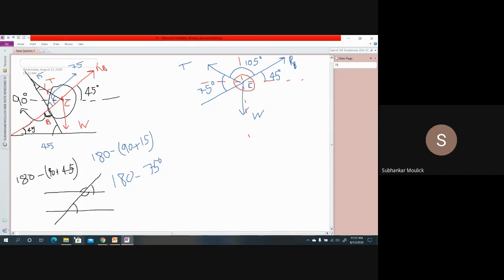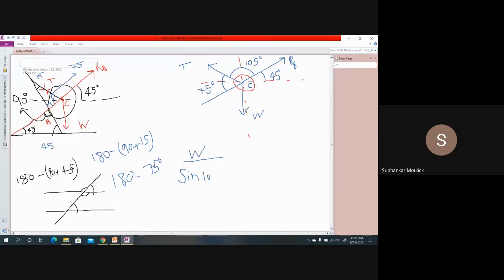What is my Lami's theorem? Lami's theorem tells that W divided by sine of the angle between the opposite forces, that means W divided by sine of the angle between T and RB. That is nothing but 105 degree.